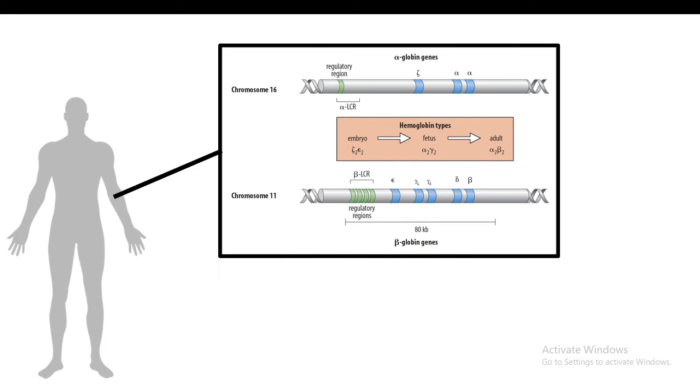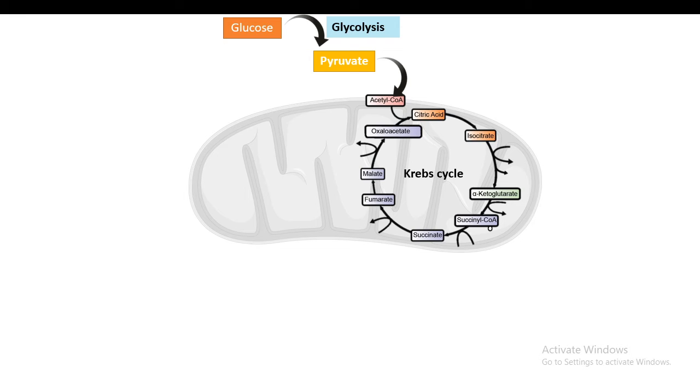So the hemoglobin consists of globin. Now globin is a protein, so globin is encoded by alpha and beta globin genes located in chromosome number 16 and chromosome number 11. Then we need to understand where the heme comes from and how heme biosynthesis takes place.